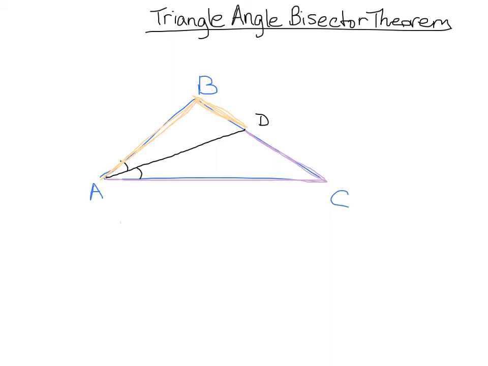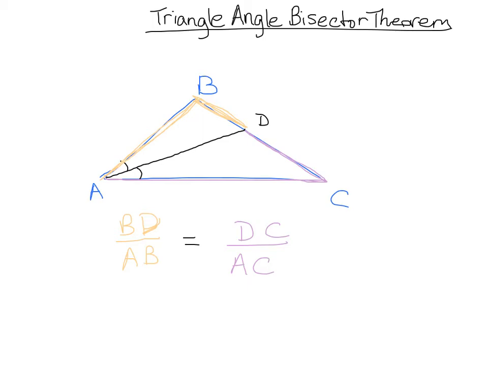We have BD over AB on one side, that's a D, is equal to, and on the other side we have DC over AC. So what this angle bisector does is it chopped this line into two. So this over that is going to be equal to this over that for every triangle.